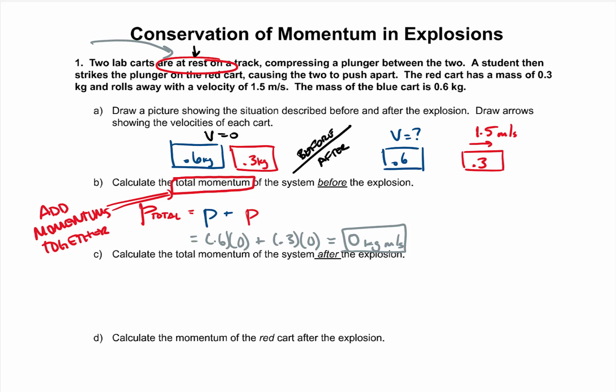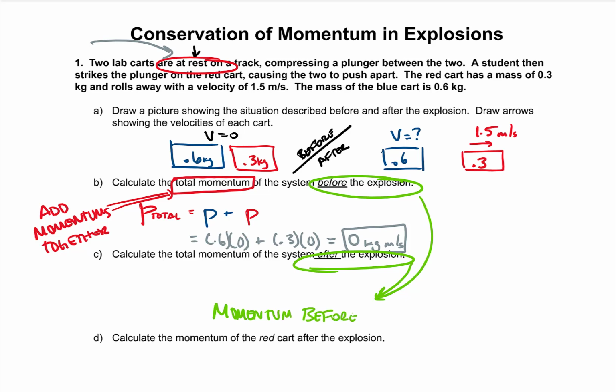Now, this next part is the conservation of momentum. The conservation of momentum says the before explosion momentum is equal to the after explosion momentum. Conservation of momentum is momentum before equals momentum after.